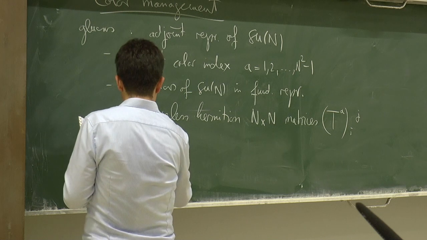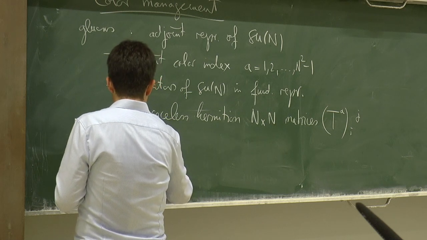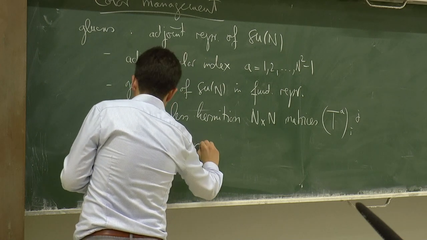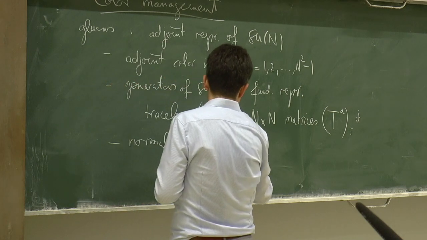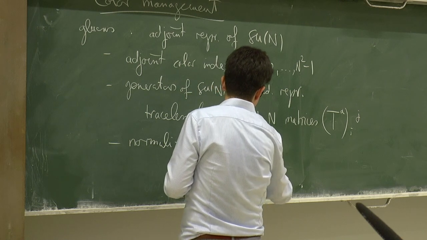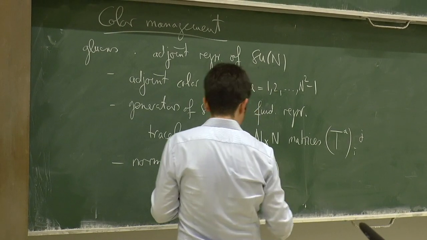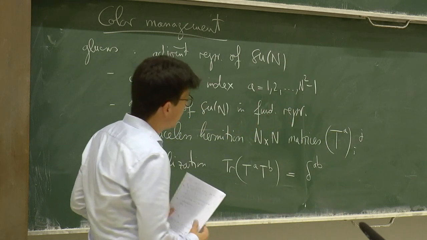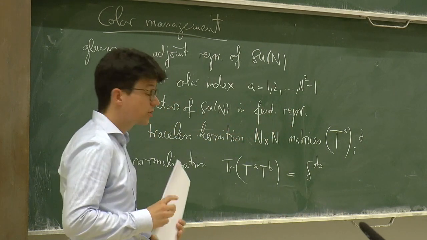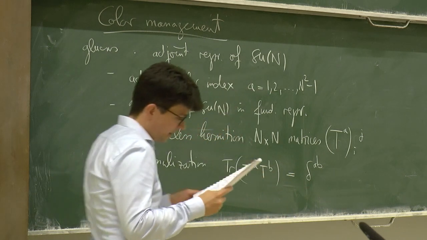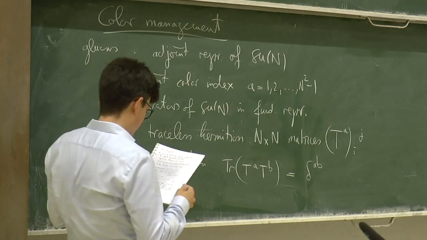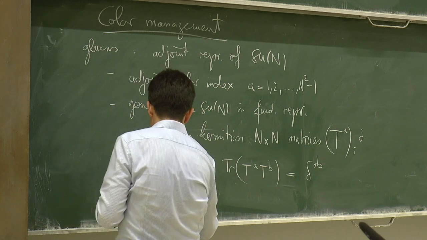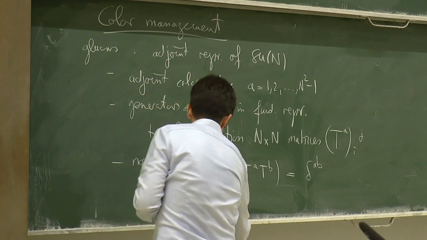Just a bit of notation for this SU(N). There's a normalization condition that you take the trace of two such matrices, and this is delta^{AB}. Depending on what convention you use, you might have something else here, but that's what we can use. And as far as the algebra is concerned, we take the commutator.